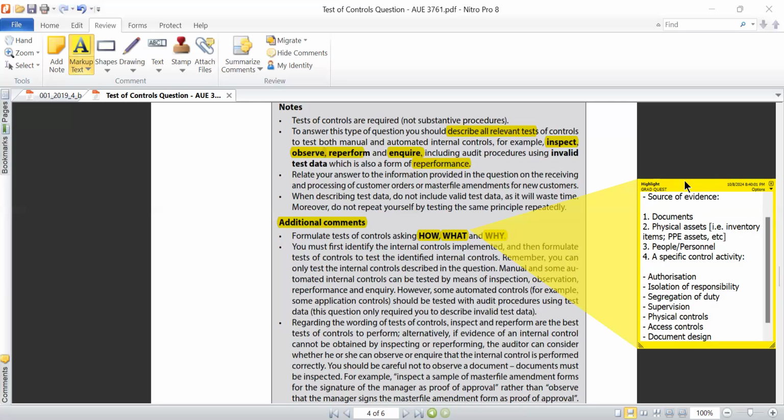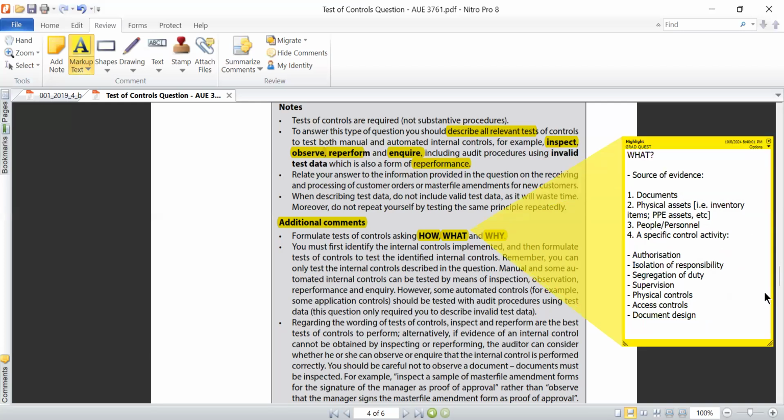Now that control activity, which is what I was dealing with in number 4, comes in different forms. There is what we call authorization, isolation of responsibility, segregation of duty, supervision, physical controls, access controls, and all that. With authorization, how do we confirm it? Authorization is confirmed when we identify signatures on documents, if we are dealing with a manual system.